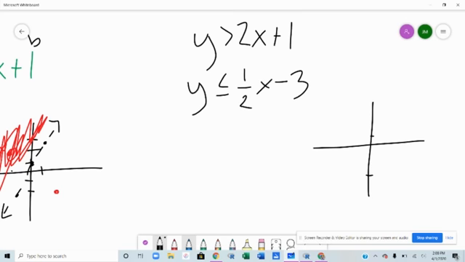This first one here would have some type of a dotted line. And the second one would have some type of a solid line. So we are going to have two lines now. There is still going to be one shaded solution area.